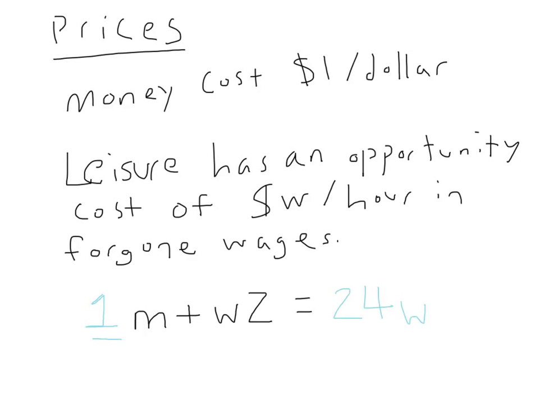If we worked the entire day, and we'll use that as our starting point, we'd have 24W, and we can allocate it between money and leisure. To get the leisure, we just work fewer hours. To get the money, we just do the work as planned and collect the income.